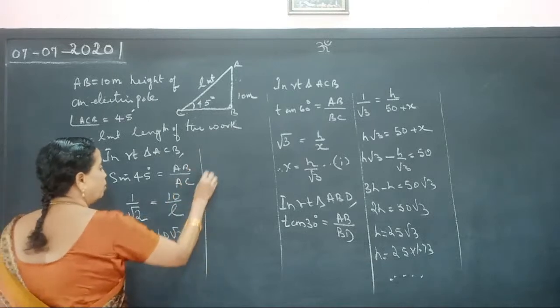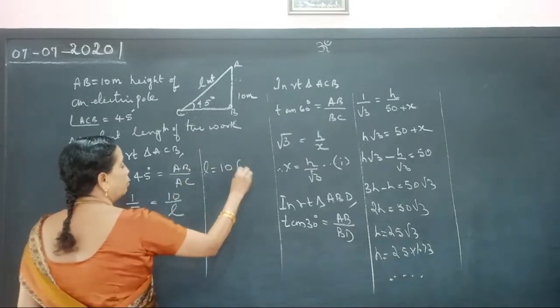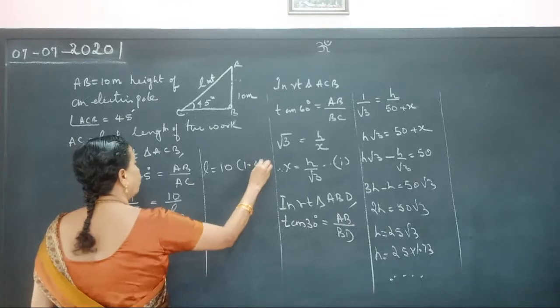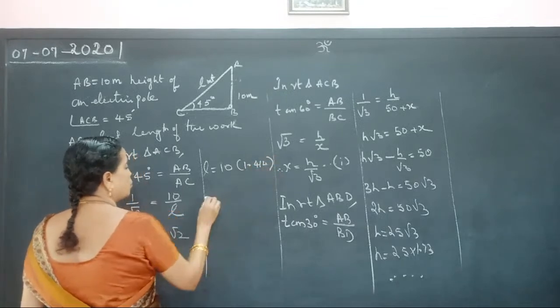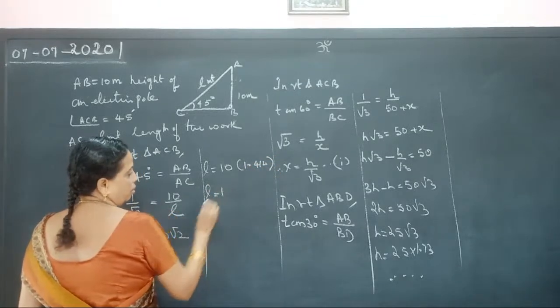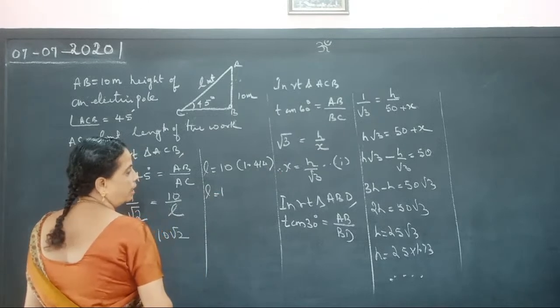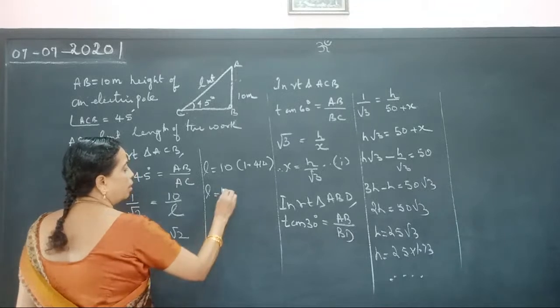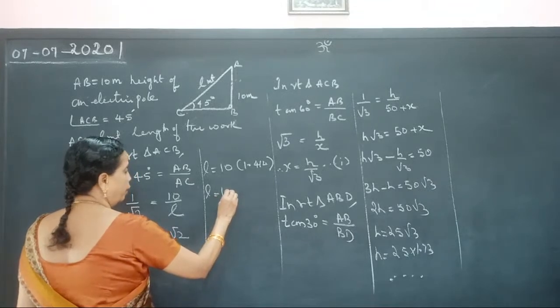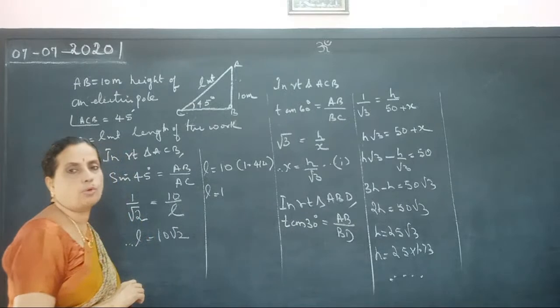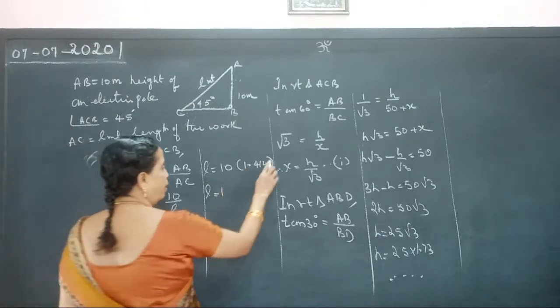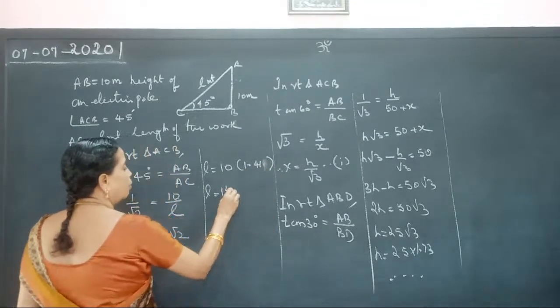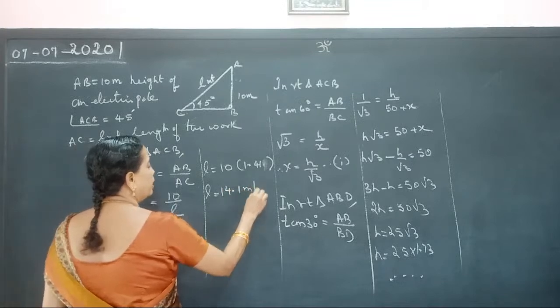What is the root 2 value? 10 into 1.414. So what is L? 1.414 into 10. Either 10 root 2 or 1.41. If you take 1.41 only, it will be 14.1 meter.